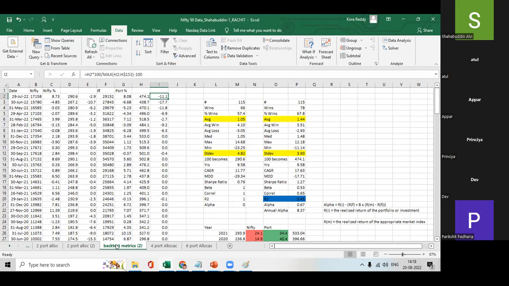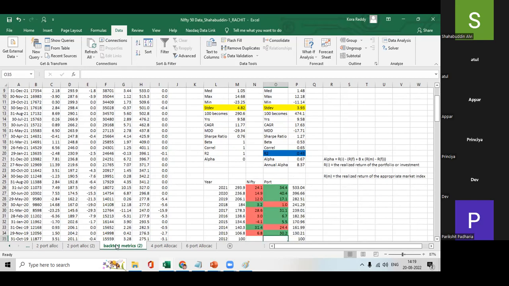So we are underperforming Nifty by 8%, which is fine, because we know that we will underperform in 2 or 3 years going by the historical data set. There is a big underperformance there as well, 7% underperformance.